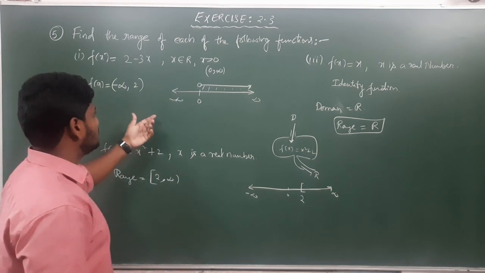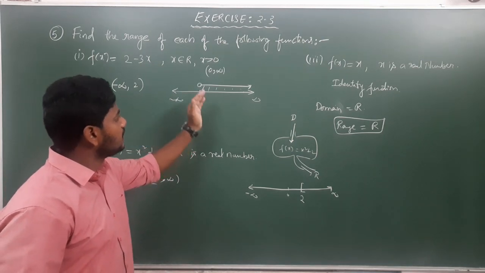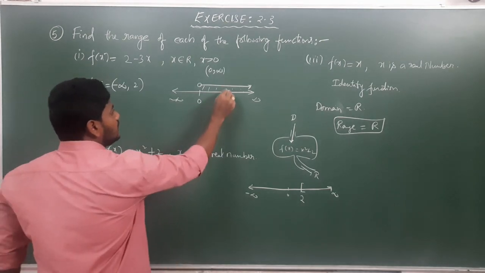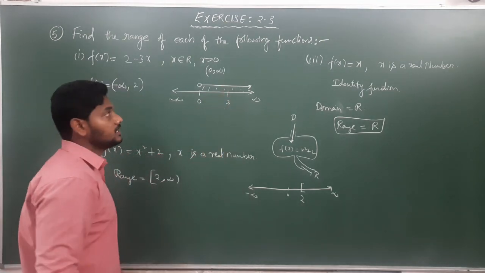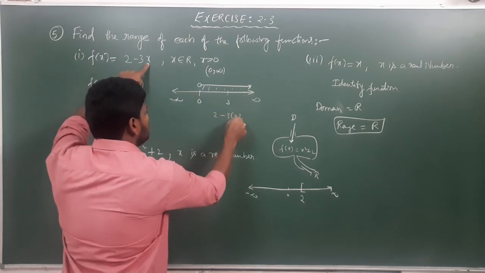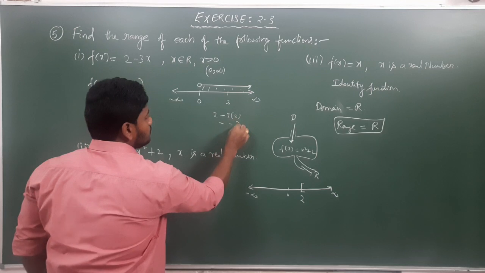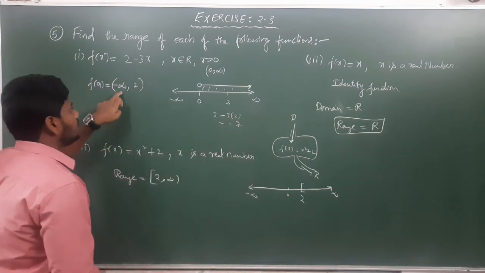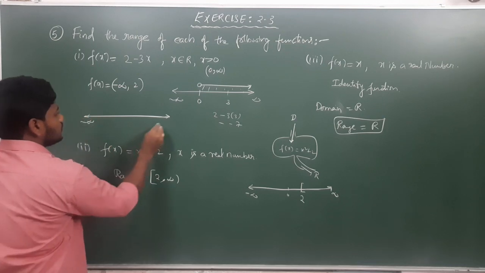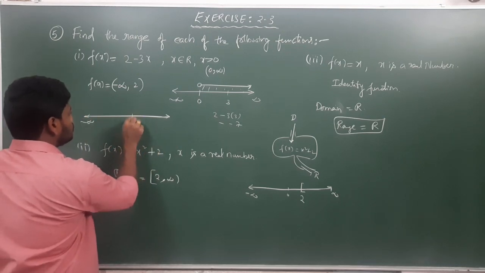How can we tell like this? We have to substitute values between 0 and infinity only. For example, if I take 3, substitute here: 2 minus 3 into 3, that is 2 minus 9, minus 7. Minus 7 is in between minus infinity and 2.